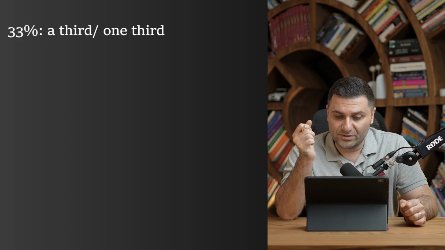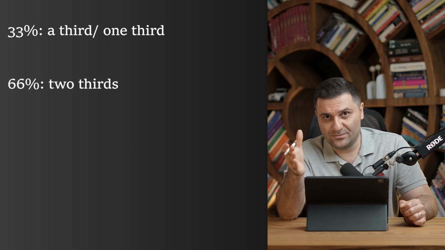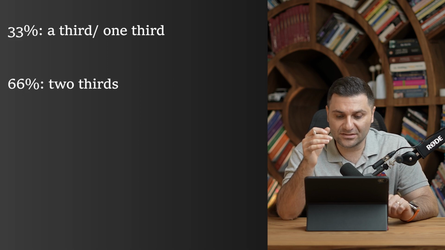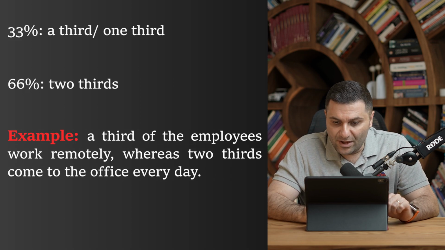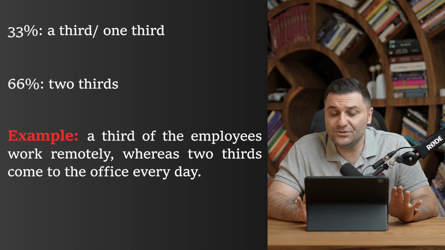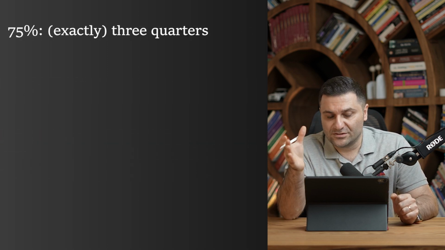Now, 33%. Well, it's a third or 1/3. And 66% is 2/3. All right. So instead of 66%, you can write 2/3. For example, a third of the employees work remotely, whereas 2/3 come to the office every day. 75%, it's 3/4, right?